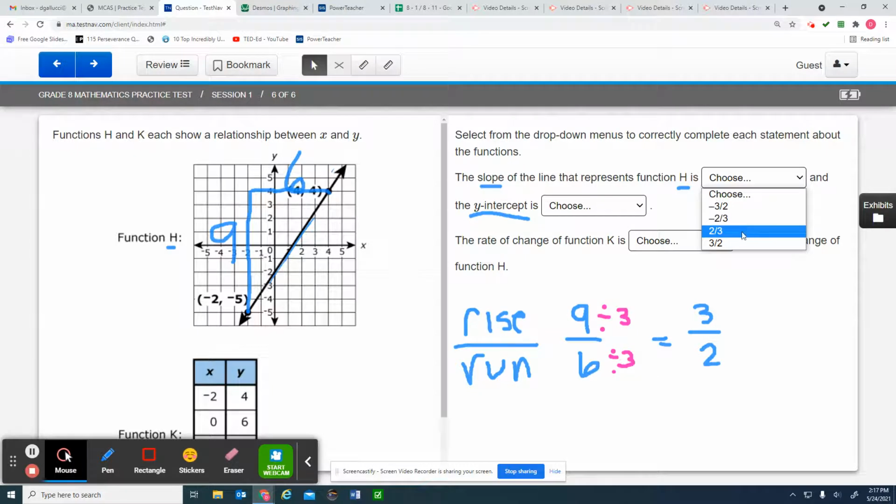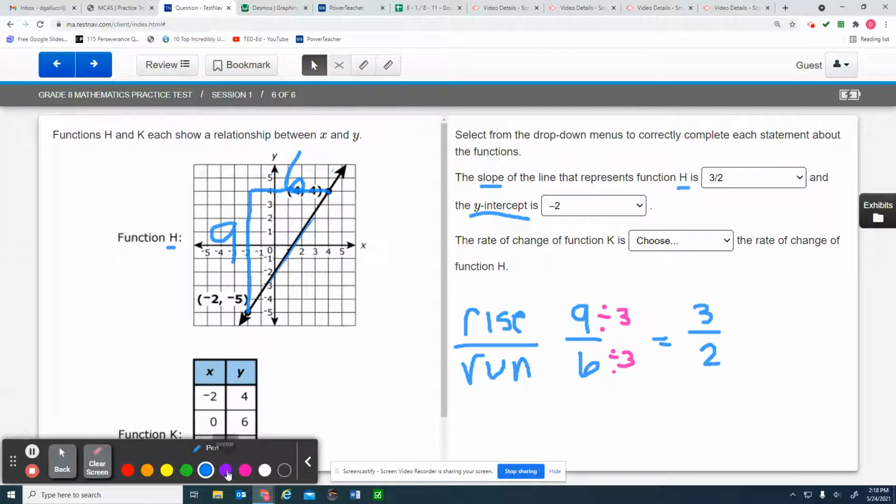So the slope of the line of the function h is 3 over 2. And what's its y-intercept? The y-intercept is where this line hits the y-axis. So where do these 2 lines intersect? And it looks like they hit right at -2, which is one of my choices here. All right, so that's function h.